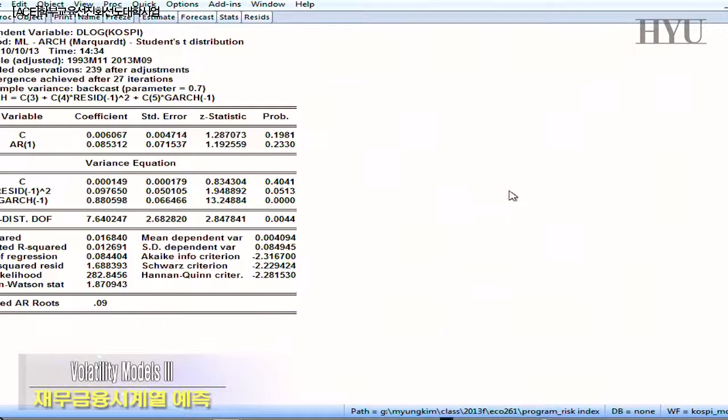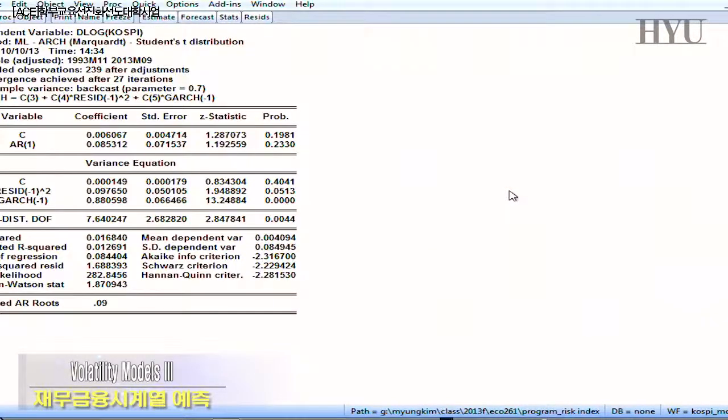The sign of this intercept term in the variance equation appears to be positive but not significant. But this is typically the case. We usually don't pay much attention to the significance of this one. We need to focus more on these two estimates.